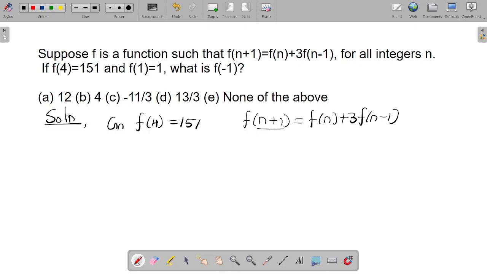When we replace n = 3, 3 plus 1 becomes 4. So we substitute n = 3 in the given function.